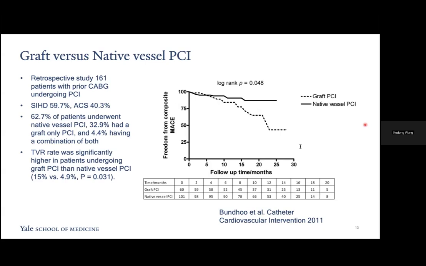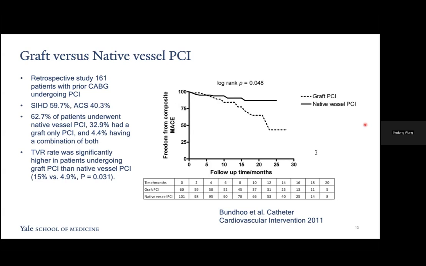And unlike the previous study, there was no significant difference in terms of the patients' age, gender, BMI, and other risk factors. So the main finding of this trial is that the target vessel revascularization rate was significantly higher in the graft PCI group, almost threefold higher. When you talk about absolute risk reduction, it's about 10%.